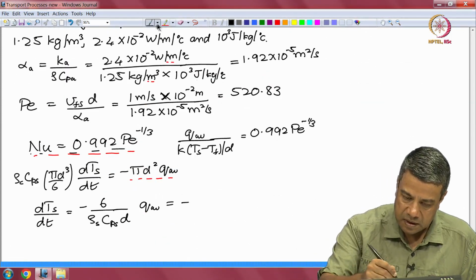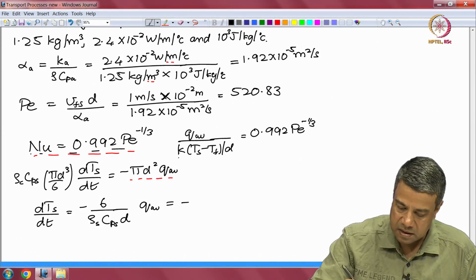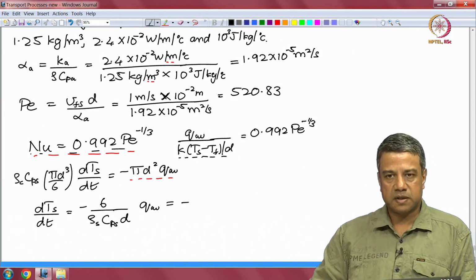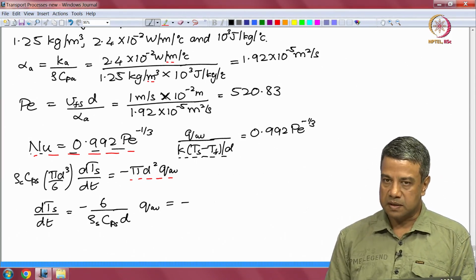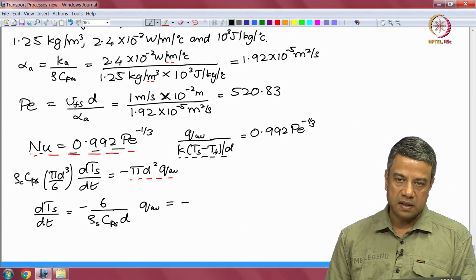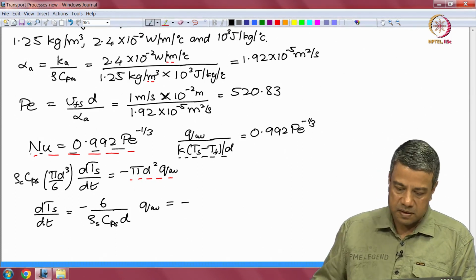So, this is where the approximation is made. In this relation, I have substituted the instantaneous temperature of the sphere for the sphere temperature in the correlation. The correlation is valid strictly only for steady state, but here I have substituted the instantaneous temperature of the sphere.